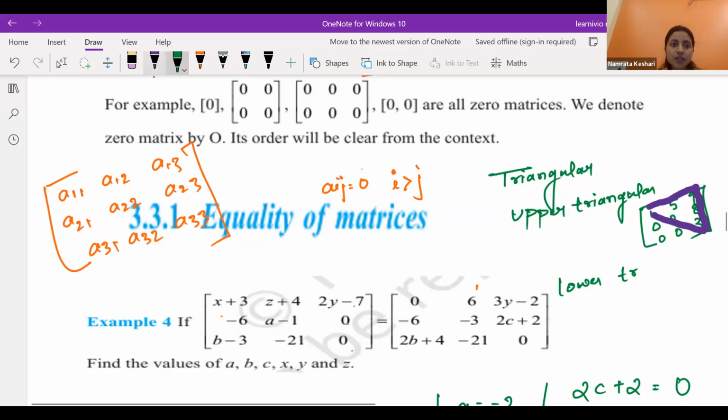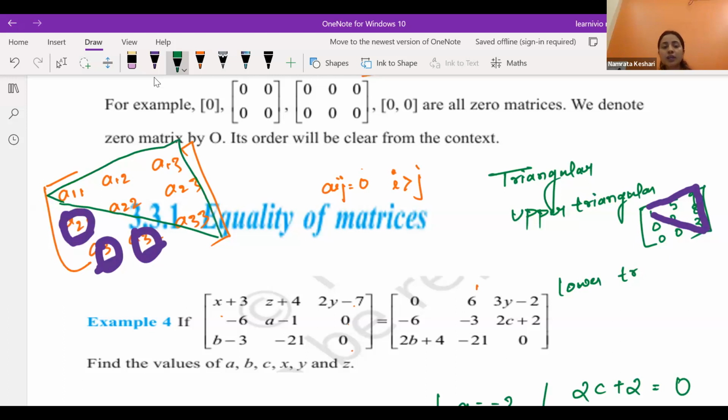So let's see where exactly we have i bigger than j. As the name suggests, when these elements become 0, 0, 0, can you see it is taking the shape of an upper triangle?